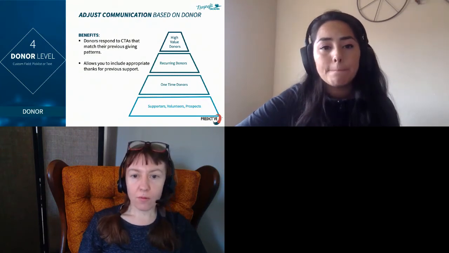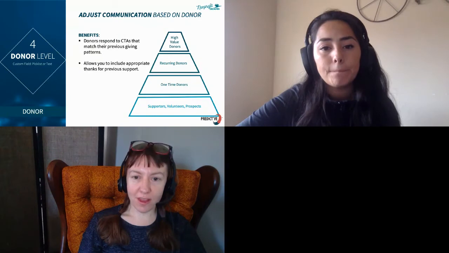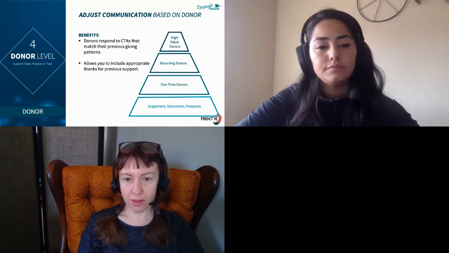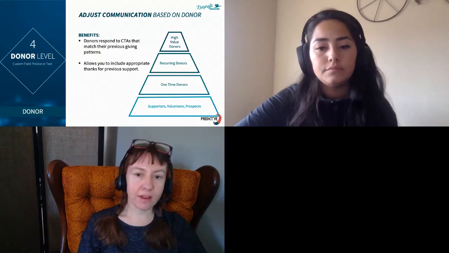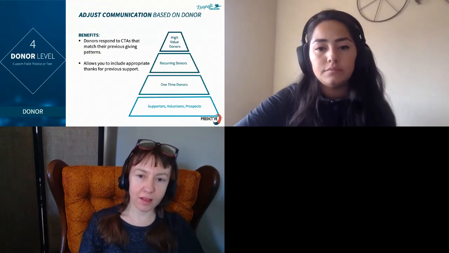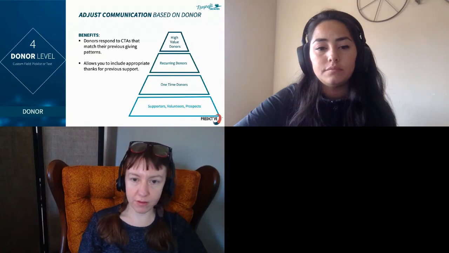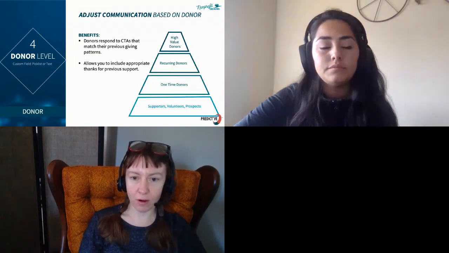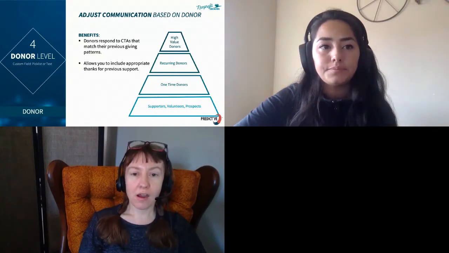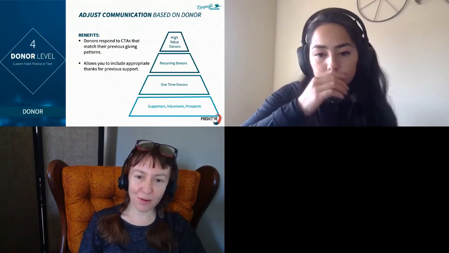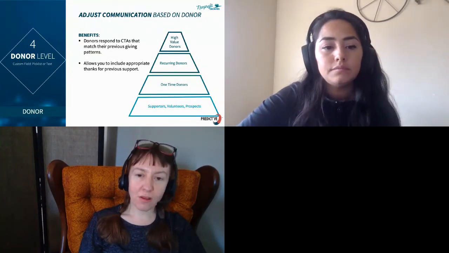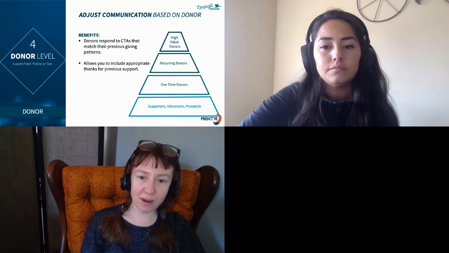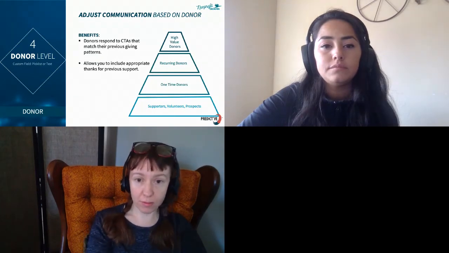Yeah, so this pyramid chart that we're looking at right now is broken down into the 4 most common categories that you'll see for most statistics about nonprofits, because these 4 general groups, from high-value donors down to supporters and volunteers, are groups who behave in different ways and who, over time, through your efforts by targeting them in different ways, you can move up through the pyramid.